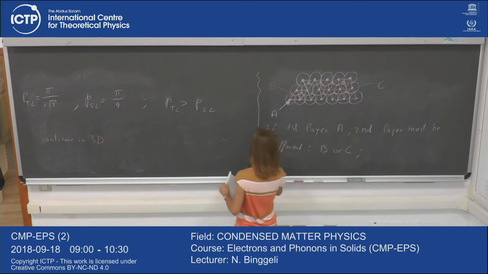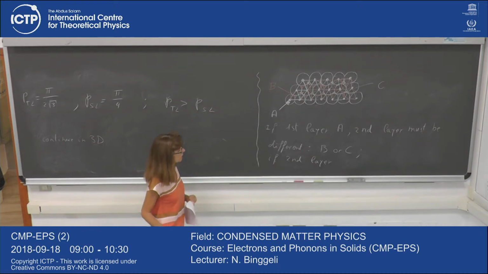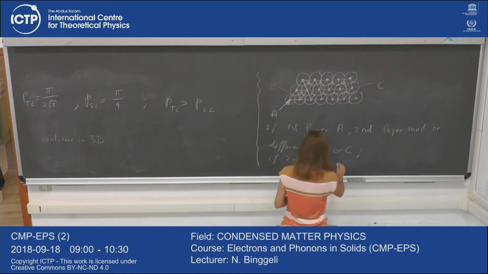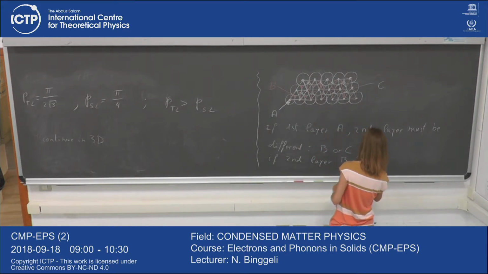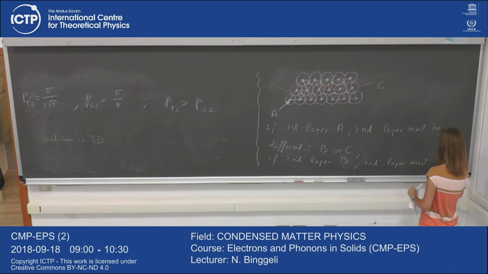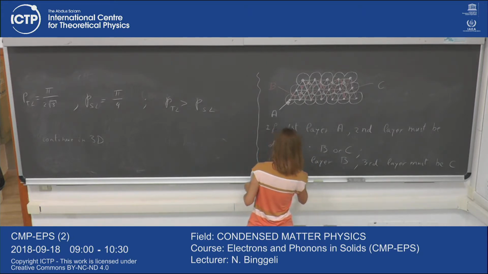Now, if my second layer is B, if I have chosen to pack after my A layer the second layer on the B sites, then the third layer must be either C or A. And so on.